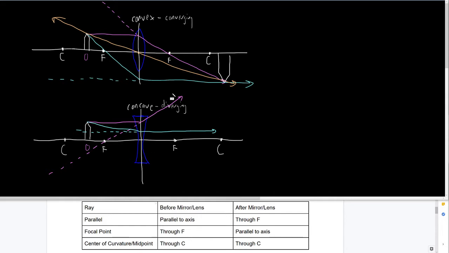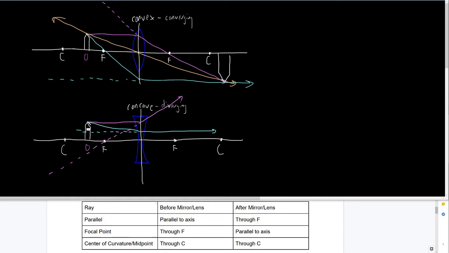So we can already see that the actual light rays themselves are diverging, which is why convex lenses are also named converging and concave lenses diverging. The real light rays are moving away from each other, and their virtual rays, hopefully, are going to match up. The last ray is just through the midpoint, which is right here.